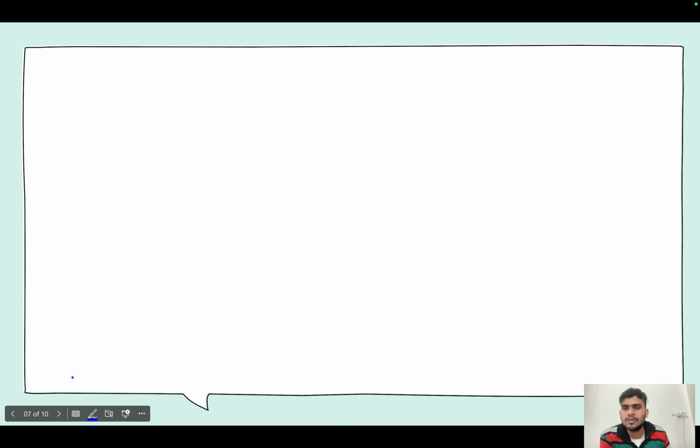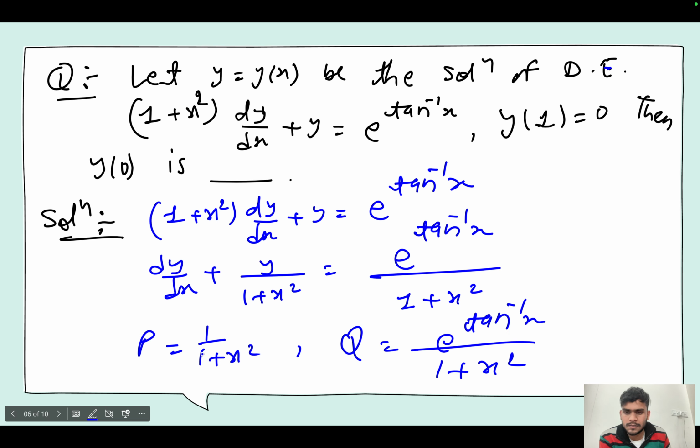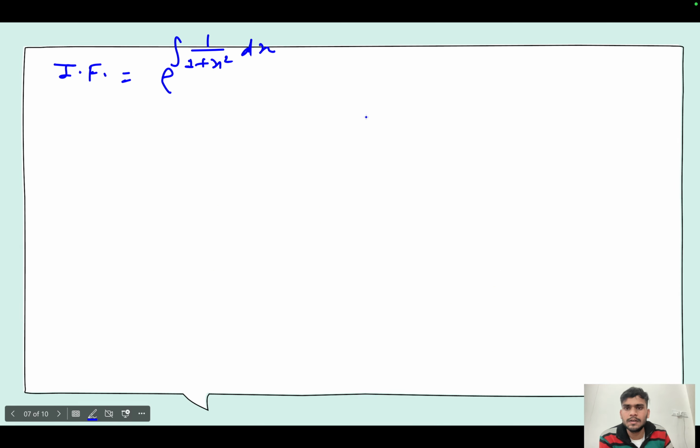For solving this differential equation, we need to find the integrating factor, that is e to the power integration of P dx, which gives e to the power tan inverse x.